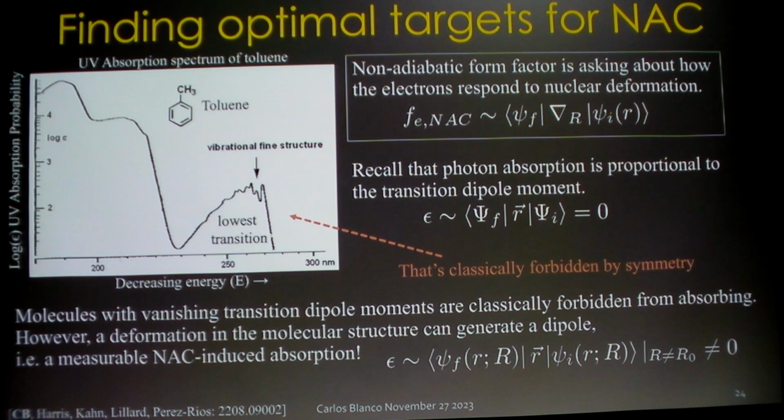Why is it there? That's classically forbidden. Well, it's there because the vibrations of the molecule drive a non-equilibrium dipole moment. And it turns out that the matrix element that dominates this kind of forbidden transition is the same matrix element that is responsible for the non-adiabatic Migdal effect. And so, whereas in the atomic case the Migdal effect has never been measured, in molecules it's essentially been measured since the 50s.